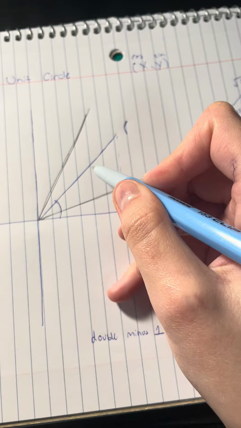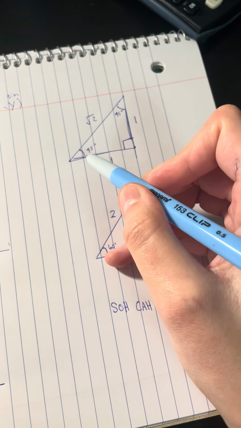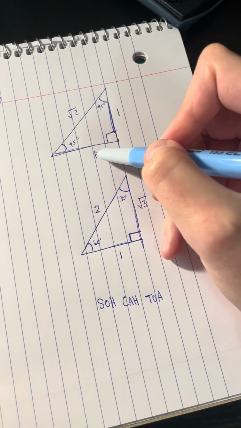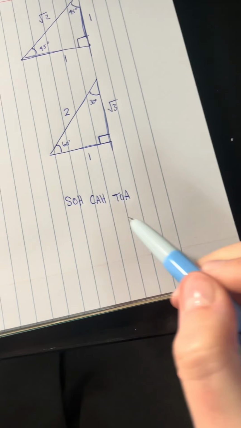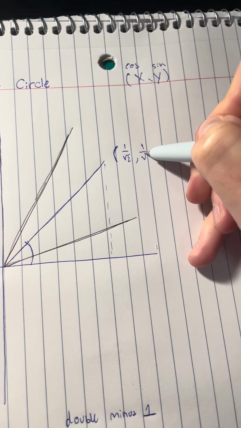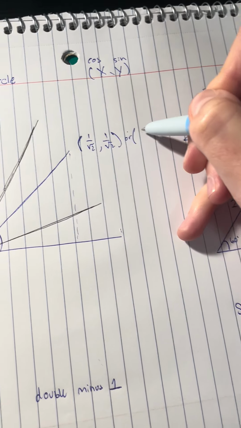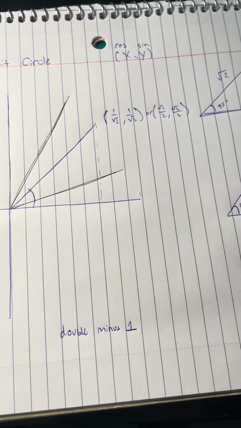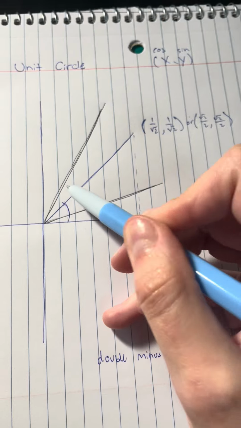When we solve for cosine of 45 degrees, cosine is adjacent over hypotenuse, 1 over square root of 2, and sine is opposite over hypotenuse, 1 over square root of 2. If you want to rationalize, you can do that, which I usually do because we like rationalized answers. So those are the values any time it's in the middle, 45 degrees.